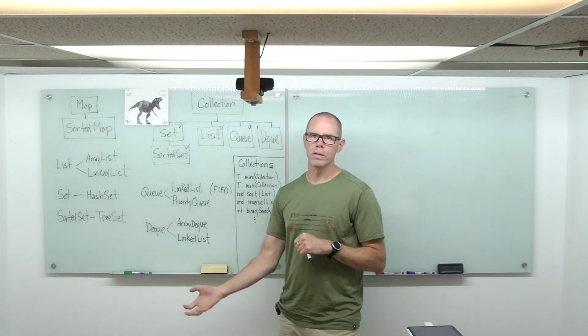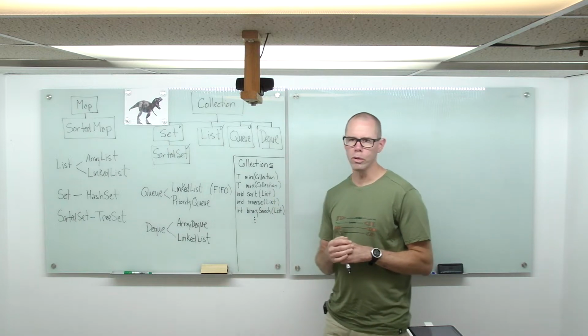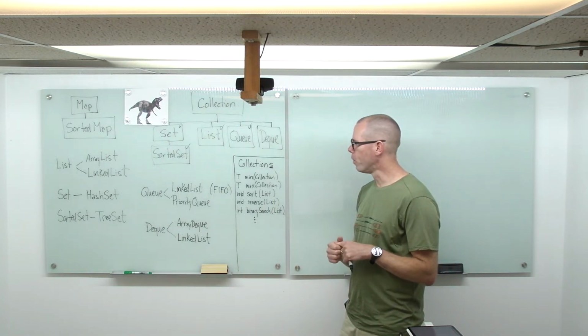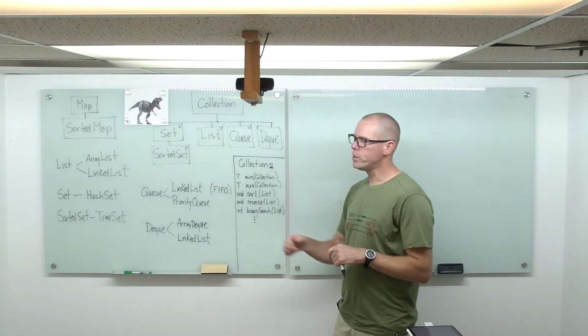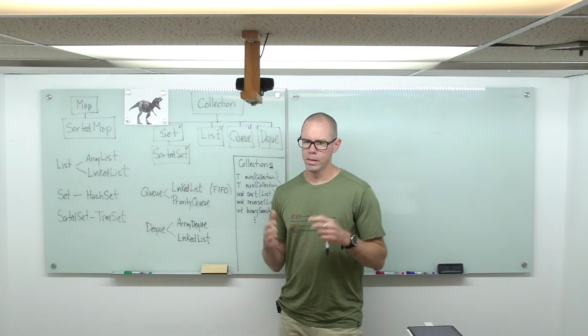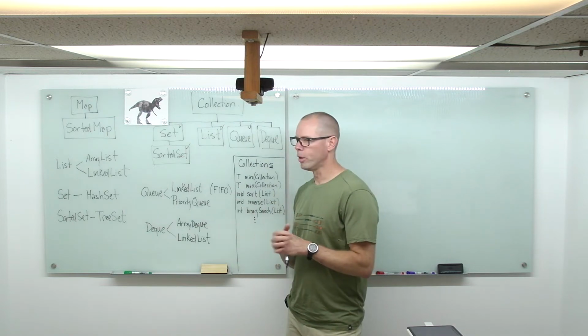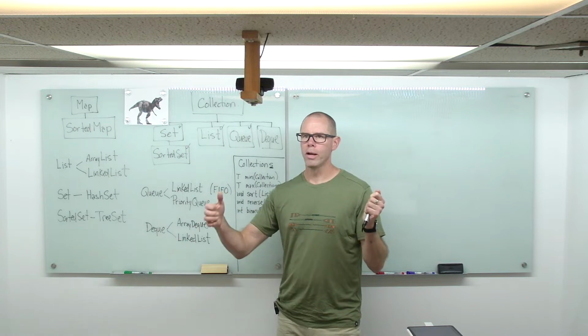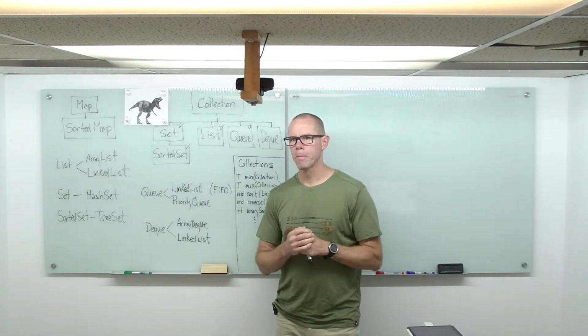What gets removed is decided by the queuing discipline, and the two common ones are first in, first out. That's where it's exactly what people are used to. Things are added at one end of the queue and they are removed from the other end.